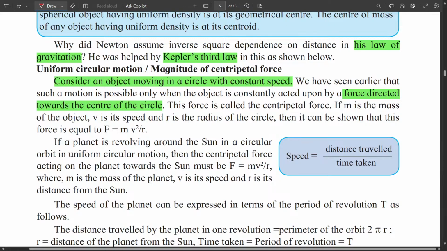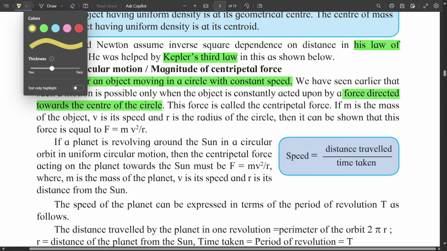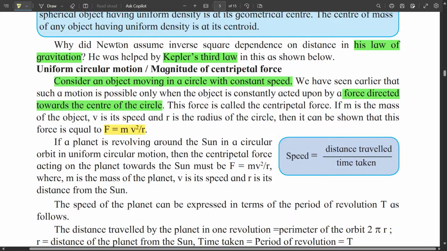So a center seeking force, or a force acting towards the center of the circular path, is necessary for continuation of the circular motion. Now it can be proved that its value is F is equal to mv square upon r. We take this value without mathematical proof, because the proof is beyond the scope of our syllabus.